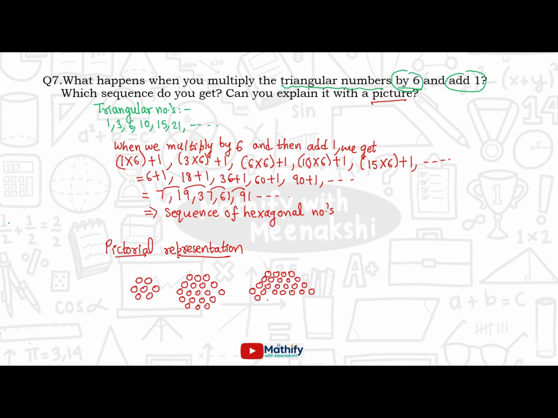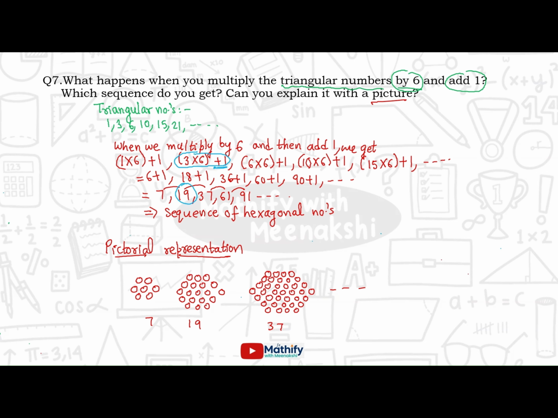Now we have to go back. 1, 2, 3, 4, 5, 6. 1, 2, 3, 4, 5. 1, 2, 3, 4. At 4 we have to stop, because we have started from 4, and so on. So you can write under that it's 7, 19, 37, and so on. So this is the pictorial representation of hexagonal numbers.